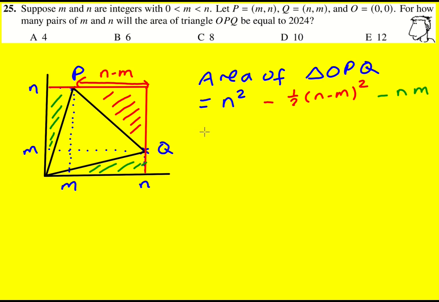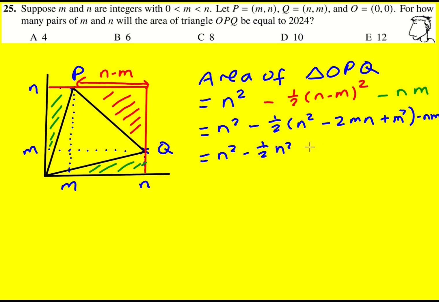Not too bad. n squared minus a half, dealing with the brackets: n squared minus 2mn plus m squared, minus nm. Multiply out the half. These two cancel, so we're left with a half n squared.